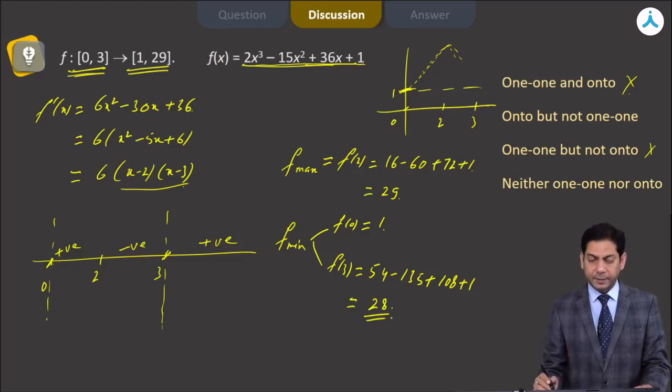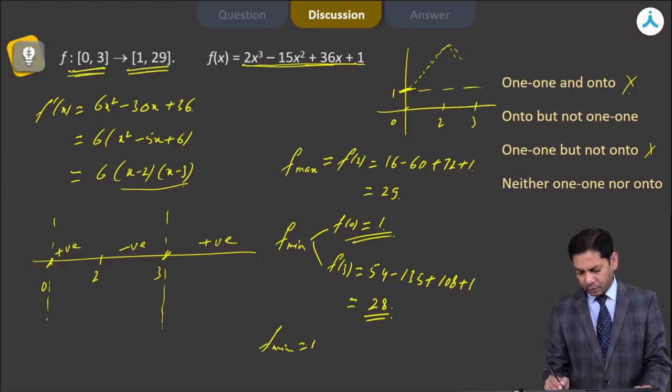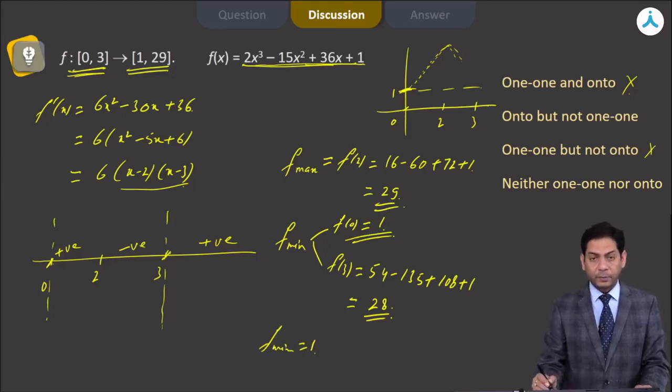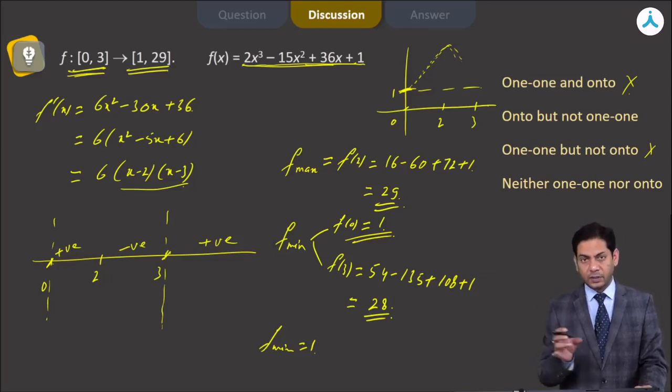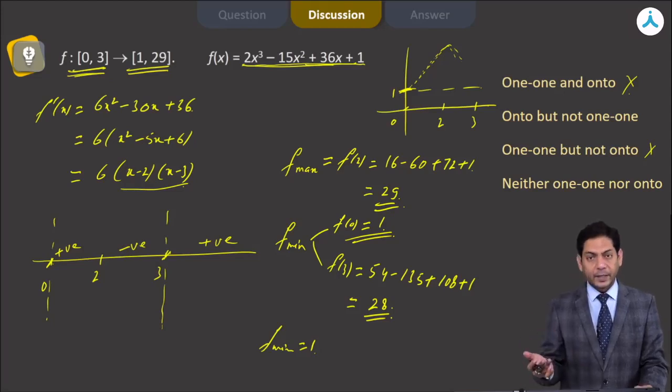That's what you will get. So obviously the minimum out of these two possibilities, 1 and 28, is 1. So f minimum is equal to 1 and f maximum is equal to 29, and since it is a cubic polynomial, which is a continuous function, it must have all the values in between 1 and 29 also on the same interval 0 to 3.